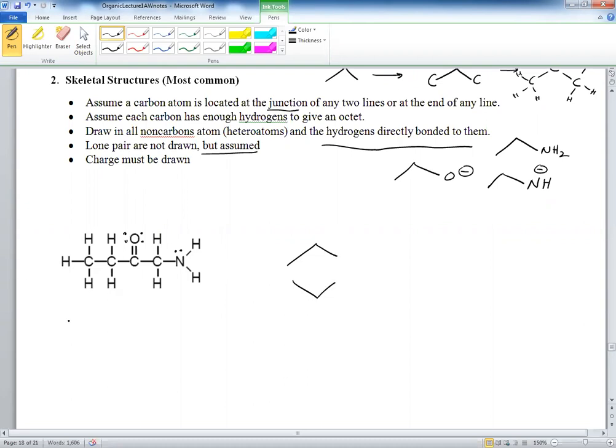Let me show you. Okay, here's a carbon. Let's say I like to always start from the bottom to the top. So I go like this. Now, this, believe it or not, took care of carbons 1 and 2. So I'm going to number them. Here's carbon 1, there's carbon 2.